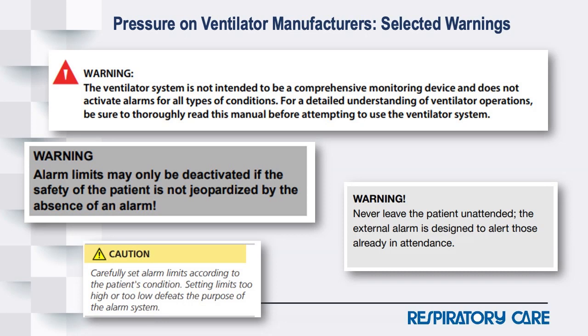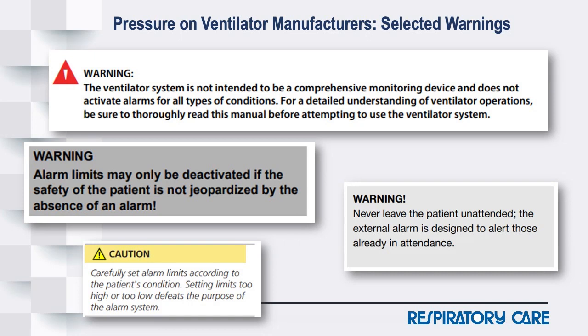The darker gray one says alarm limits may only be deactivated if it's safe for the patient. The one to the right that's grayish says never leave the patient unattended. Well, we always leave patients at times unattended, but they say never leave them unattended. And the one that's yellow says setting limits too high or too low defeats the purpose of the alarm system. Again, really very generic terms to just protect the company from litigation.